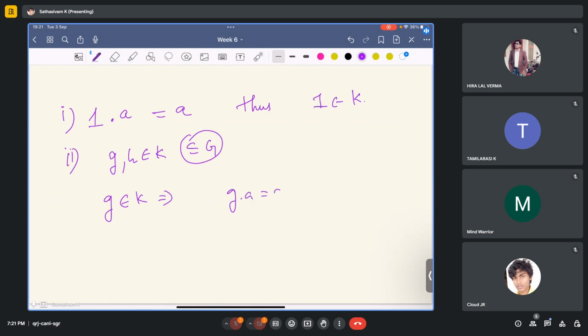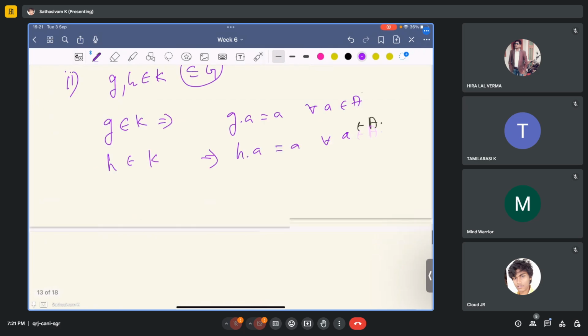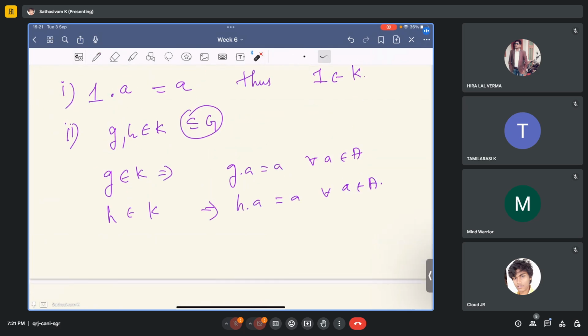G dot A equal to A for all A belongs to A. And H belongs to K implies H dot A equal to A for all A belongs to A. What we have to do here is show that GH belongs to K. So let's start with any A belongs to A and consider GH dot A. This is nothing but G dot H dot A.